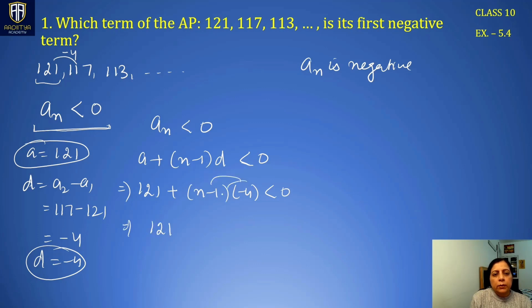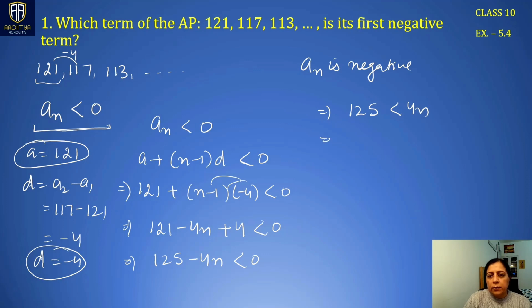So we have 121. Now open this. This is minus 4n plus 4 is less than 0. By solving this inequality, 121 plus 4 becomes 125 minus 4n is less than 0. So we get here that 125 is less than 4n. That means we take this 4 to this side: 125 by 4 is less than n.